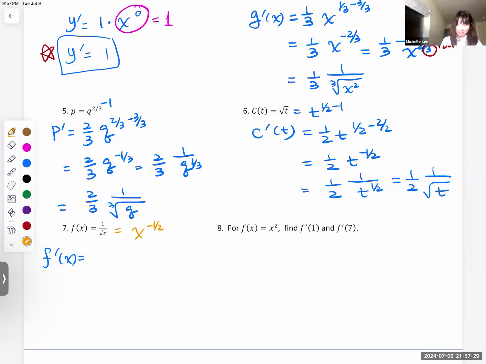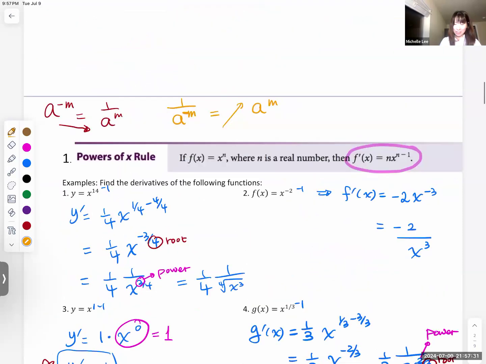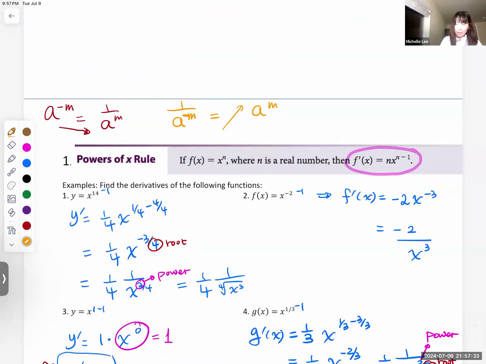Okay, now there will be, look, this is a little bit different, right? So if we have 1 over a to the m, then we will rewrite it as a to the -m.